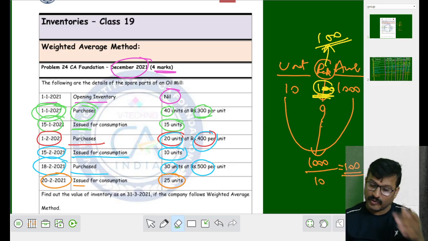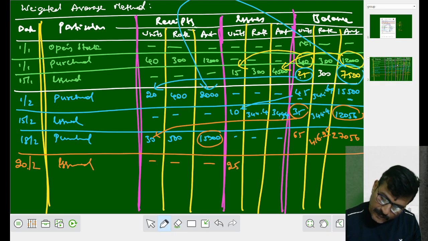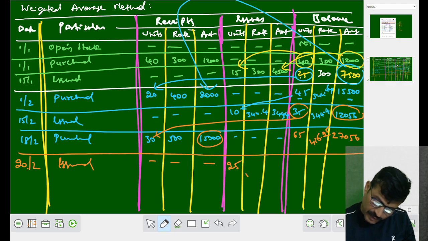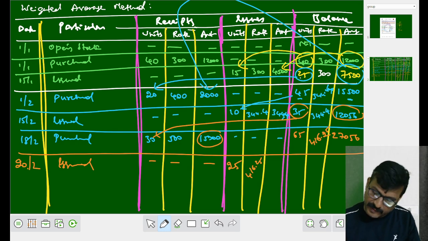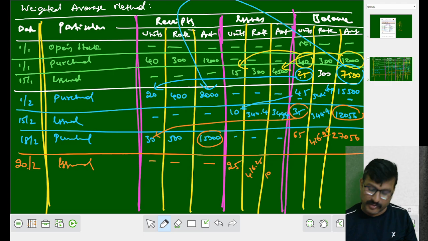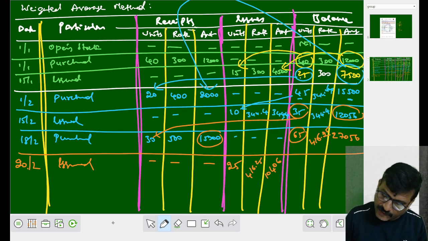How many units are issued? 25 units at the rate of 416.25. 416.25 into 25 comes to rupees, don't use paisa, 10,406. Now what happened? Out of 65, you have given 25. 65 minus 25, you are getting 40.